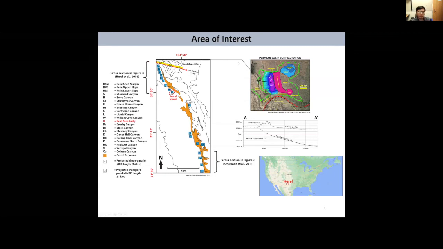If we zoom in further, the orange is the outcrop belt of the Cutoff Formation. Our research focuses on the rest area gully signified by the red circle. We won't dwell for too long on the geological setting because it's not that relevant. We can apply this to any other carbonate deposits around the world.